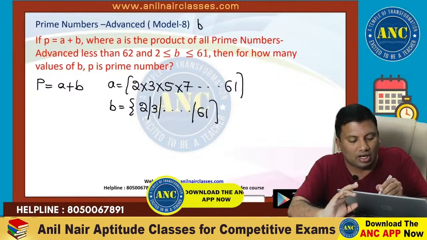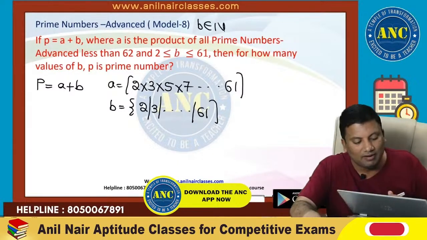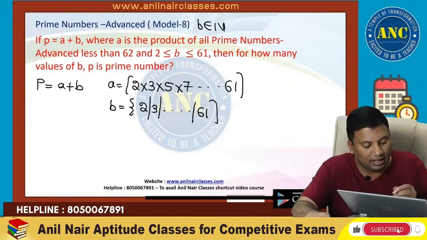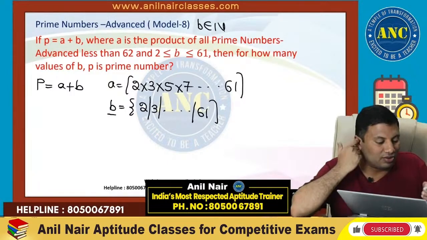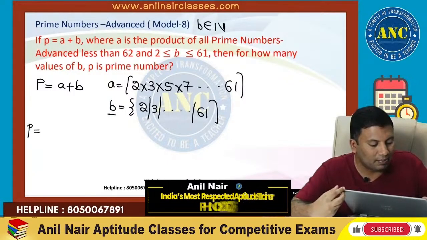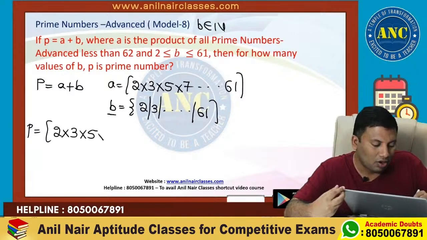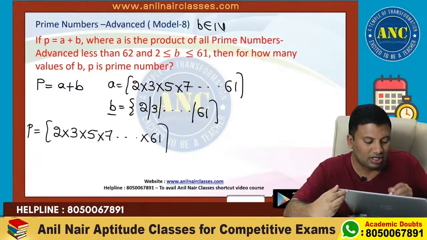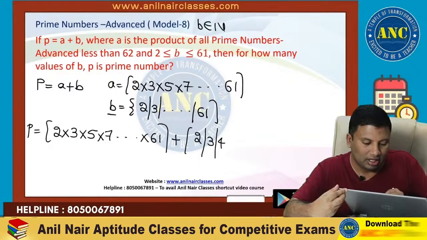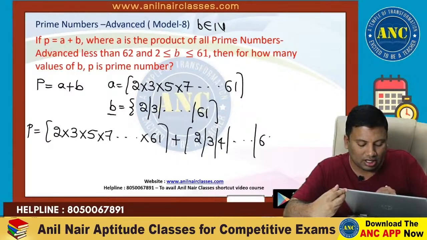What is the question? For how many values of B is P a prime number? Let me write down A. A is the product of all prime numbers less than 62, so till 61, plus B, which is either 2 or 3 or 4 and it goes on up to 61.